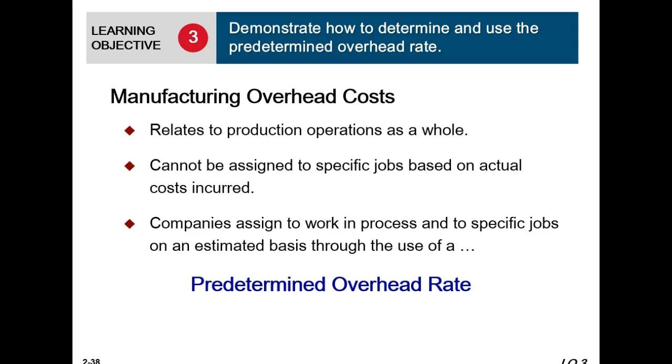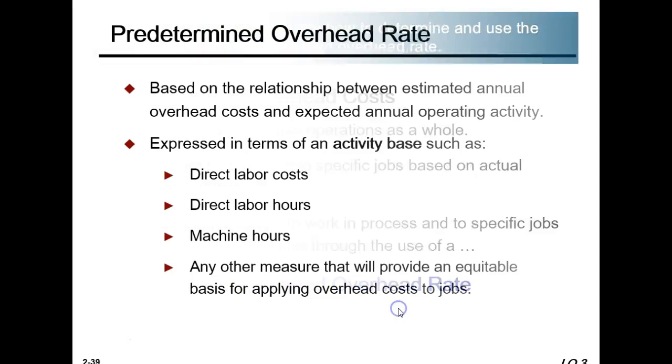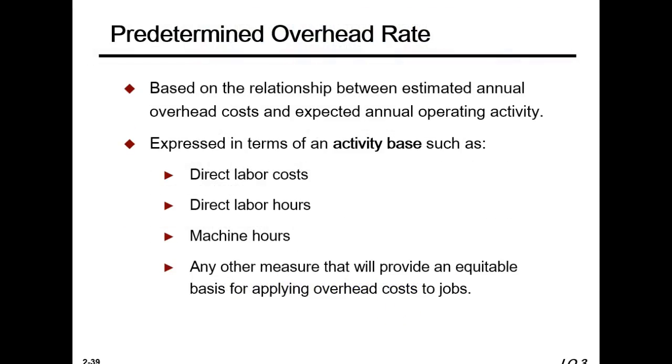Remember, the manufacturing overhead has a lot of stuff in it. How do we take all of these minuscule numbers that add up to be big and assign them to jobs? Well, through experience, they calculate predetermined overhead rates per job. Oftentimes, they have come up with a relationship of the overhead costs related to what they're producing.